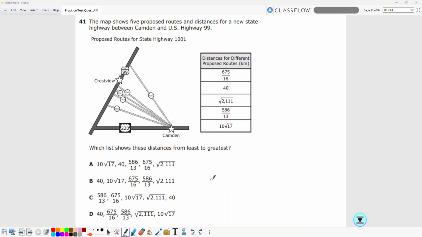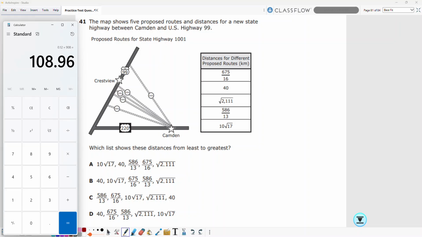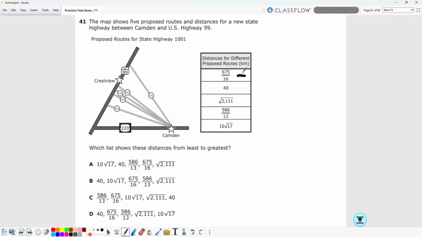All right. So let's get our handy calculator up here. 675 divided by 16. Whenever you have a fraction like this, do you notice how it's eerily similar to the division sign?